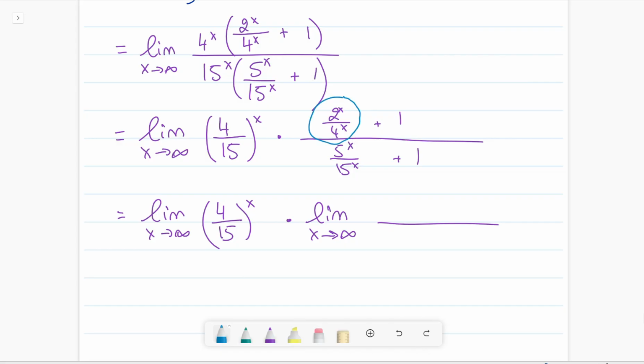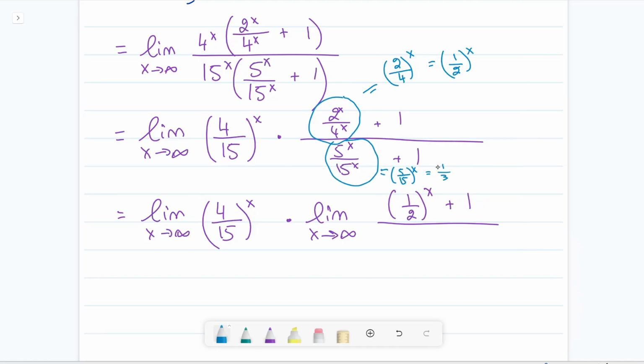Instead of 2 to the x divided by 4 to the x, we can write this as 2 divided by 4 all to the power of x, which is also equal to 1 over 2 all to the power of x. Now for the 5 to the x divided by 15 to the x, we can write this as 5 divided by 15 all to the power of x, which is 1 divided by 3 all to the power of x.